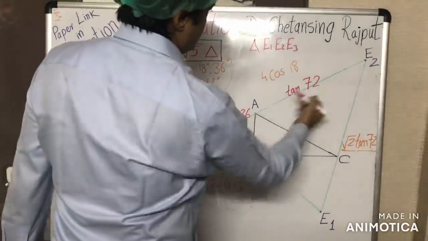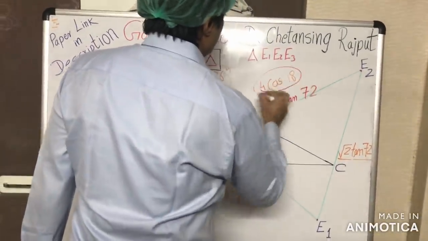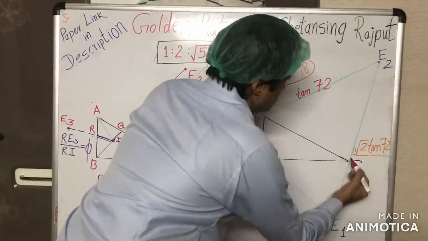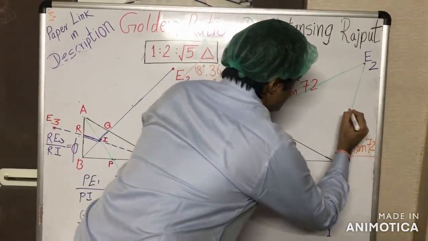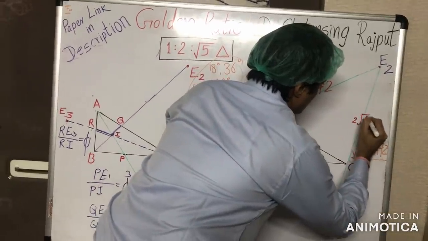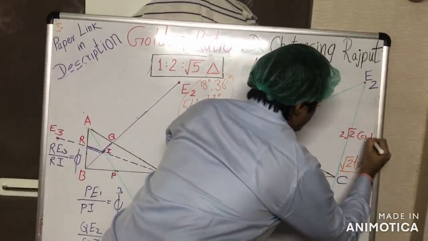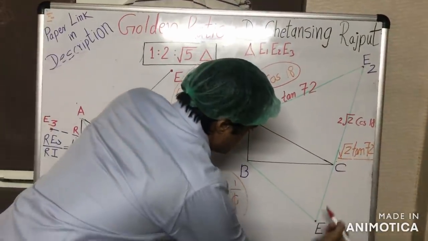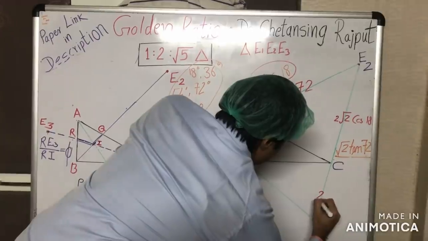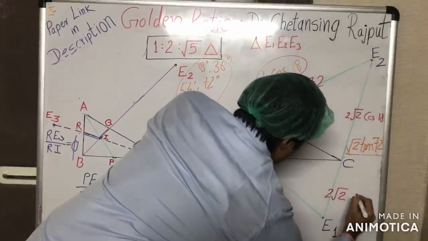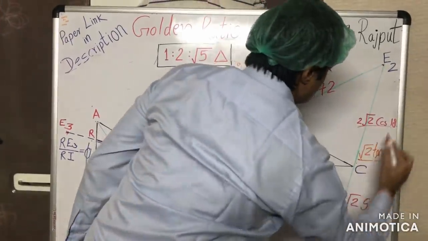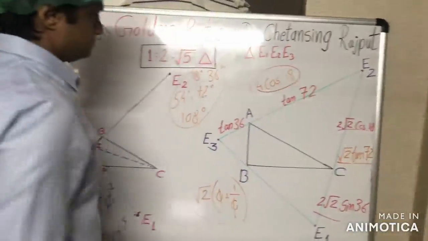Tan 36 and tan 72, they add up to this value. Similarly, this length here, C, E2, it is 2 root 2 cos 18. And this length here, C, E1, this length is 2 root 2 sin 36. These two add up to this value.